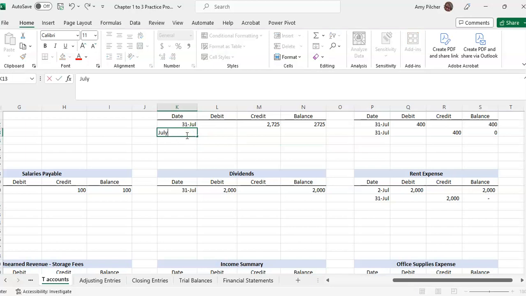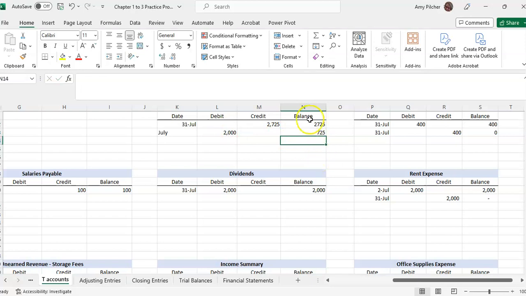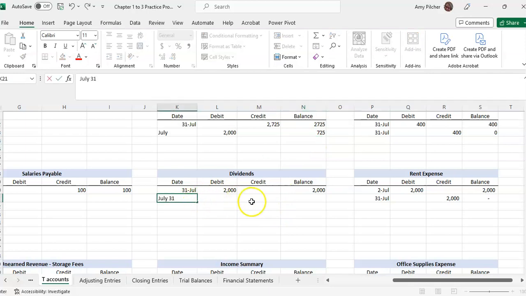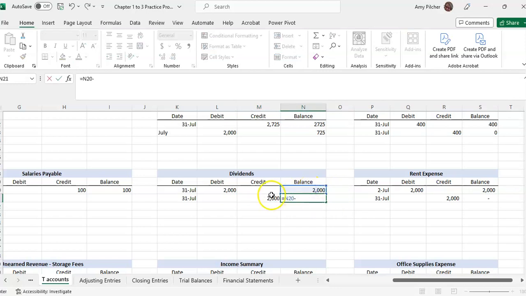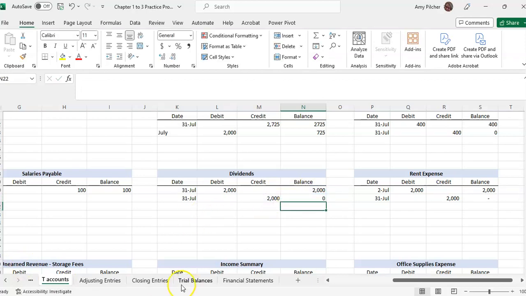Okay, and then we have a debit for 2,000. This matches what we got in our statement of retained earnings and what we put on our balance sheet. I apologize for Pepper in the back. Okay, and now we have a zero balance in dividends.